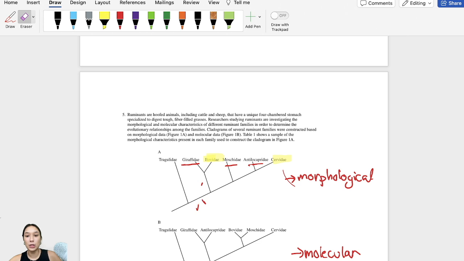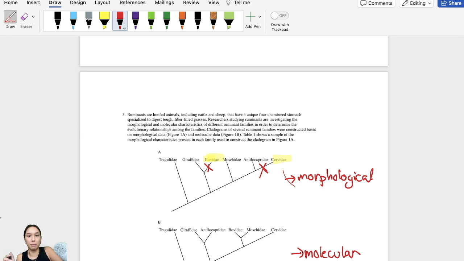However, since only these 2 have the trait and they're not closely related, it had to develop here and then it had to develop here on 2 separate occasions. So this is, again, an example of convergent evolution where you have 2 not closely related organisms that develop similar traits through 2 separate evolutionary events, okay? They did not both develop these because they're closely related.